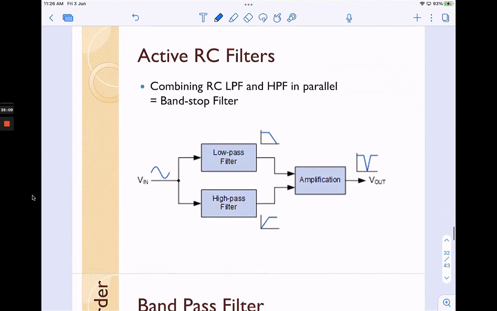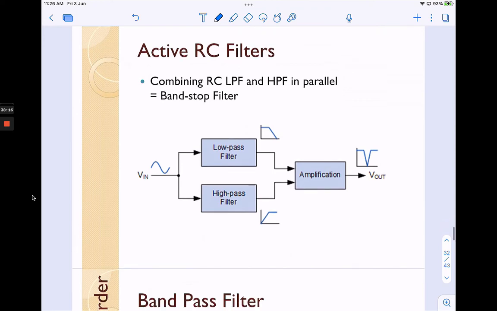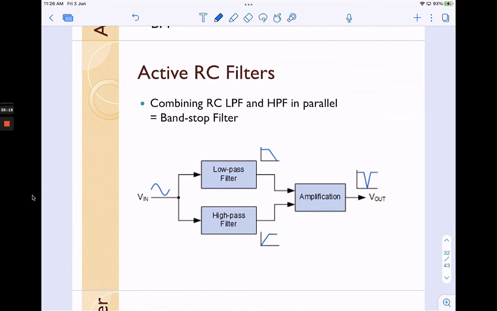So this is the diagram that illustrates how to connect these high pass filters and low pass filters to get a band stop filter.